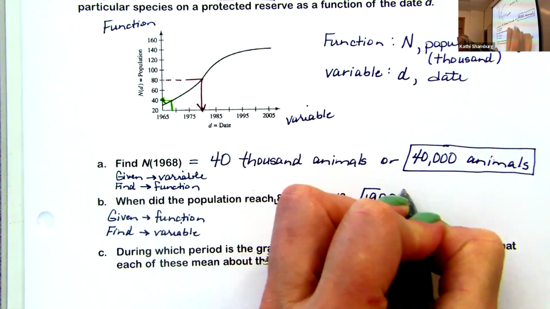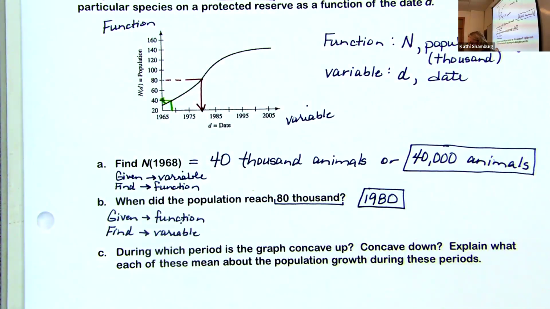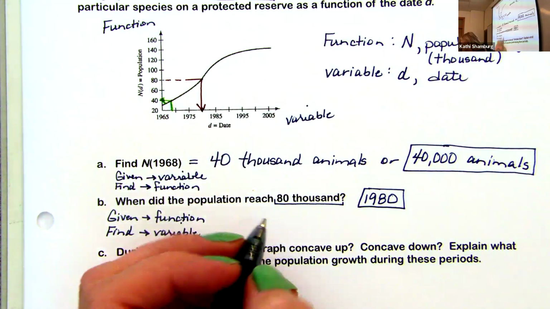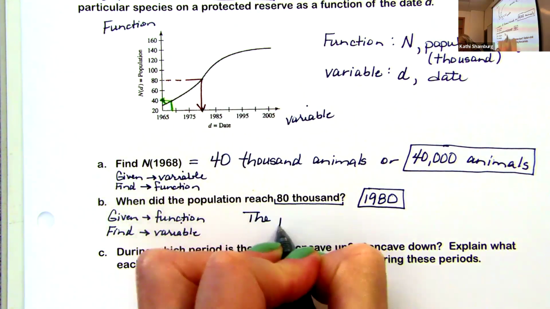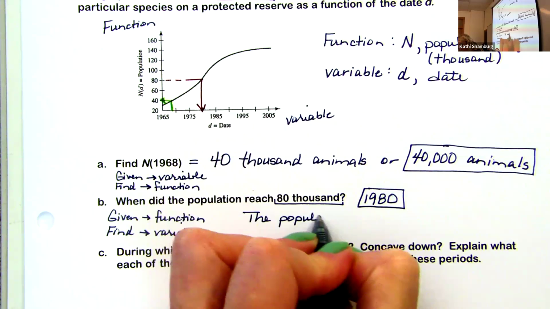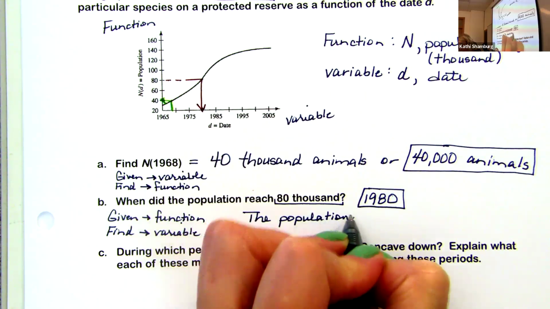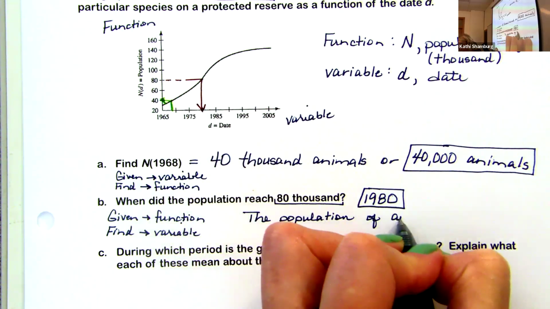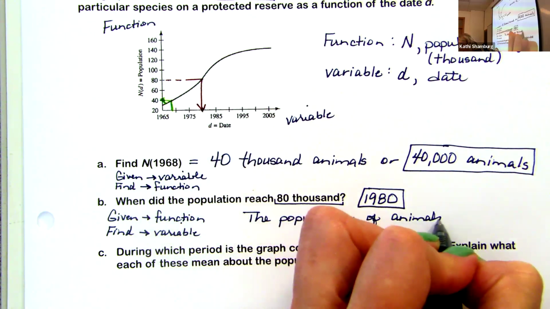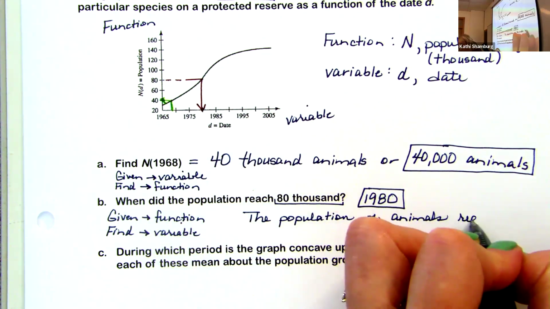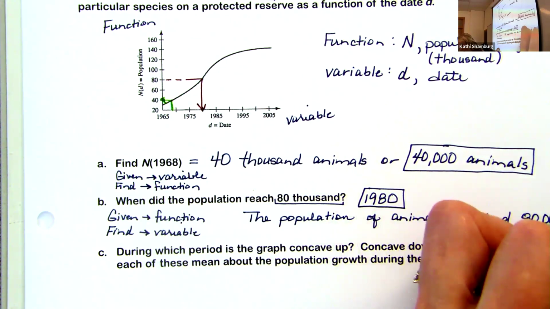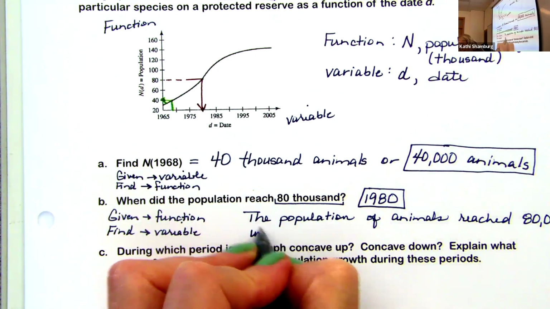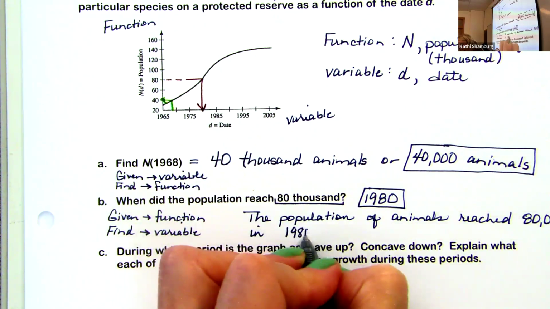If it doesn't ask you to explain, then this is okay. If it did, then you could say something like the population of animals reached 80,000 in 1980.